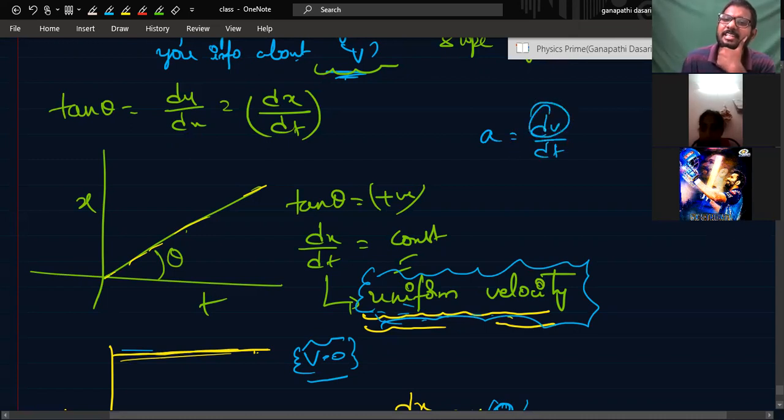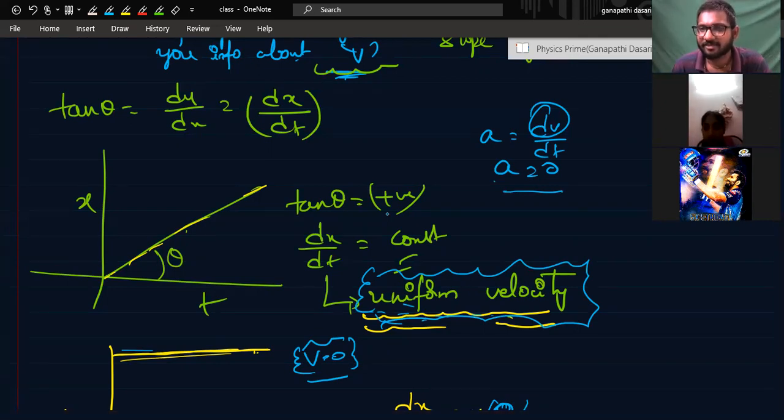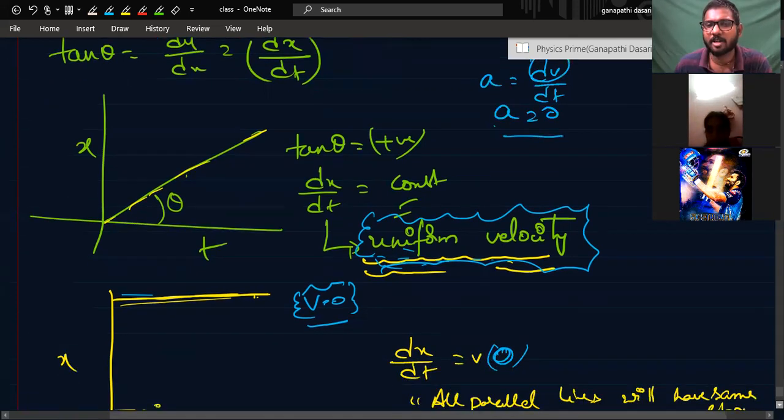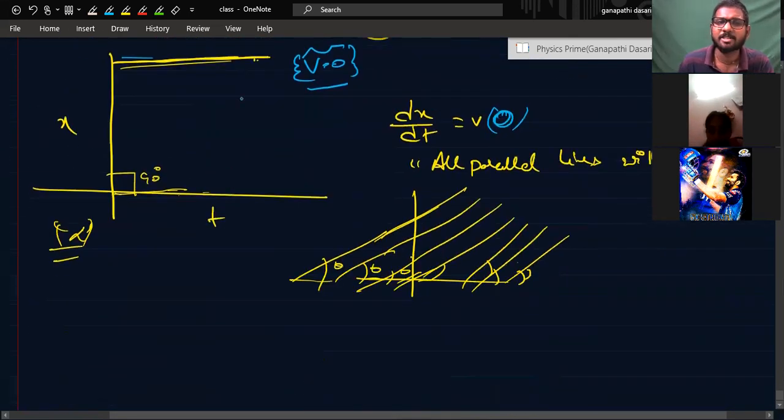Rate of change of velocity. If velocity is not changing, that means acceleration is 0. Or if you are riding a bike and maintaining your speed constant, not increasing or decreasing, then acceleration is 0. You are not accelerating. Here also, this is a straight line, so acceleration is 0. So that is the xt graph.